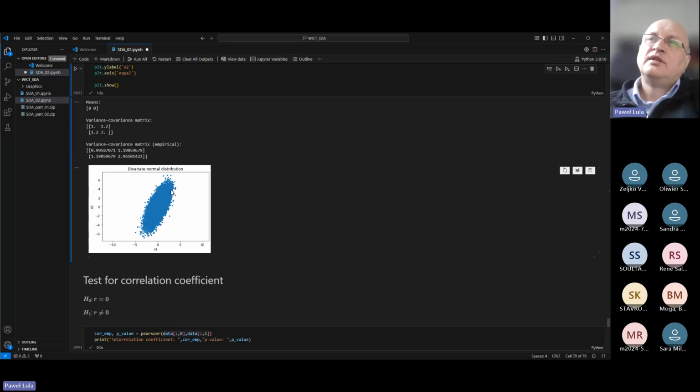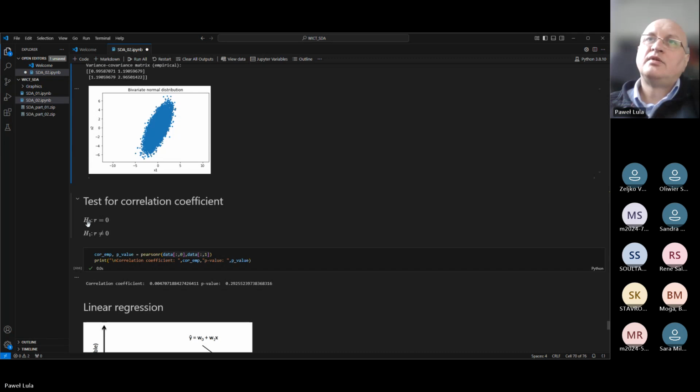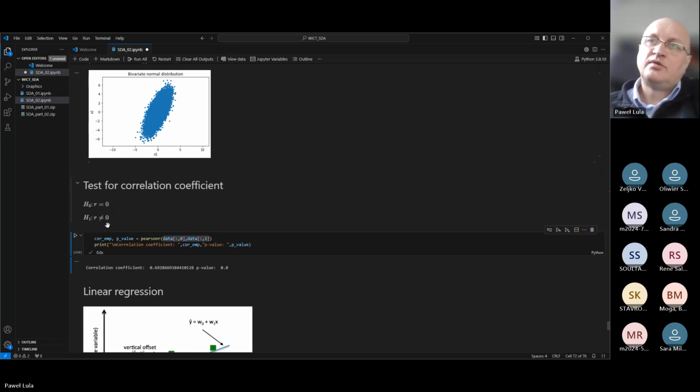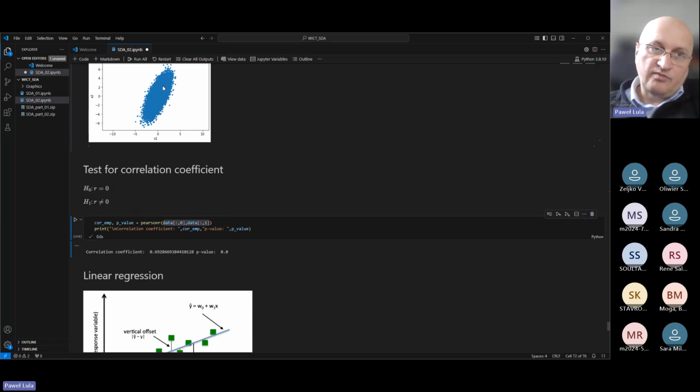We see that here there is a relationship between values of these two variables. Of course, it is not true that correlation coefficient is equal to 0. There is a relationship.